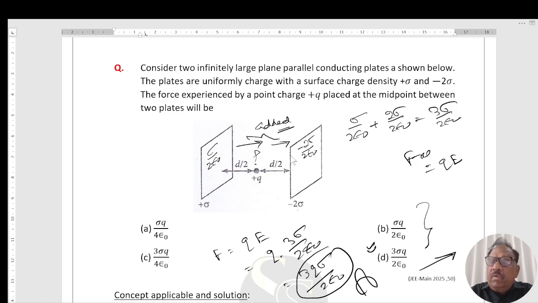Both are in the same direction, so electric field will be added. Electric field due to infinite long conducting sheet is equal to sigma over 2 epsilon naught. We added both. Force equal to Q into E, put the value. That is the answer. Right? Next question.